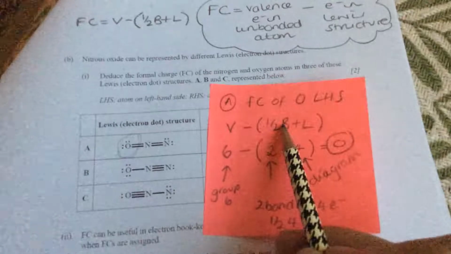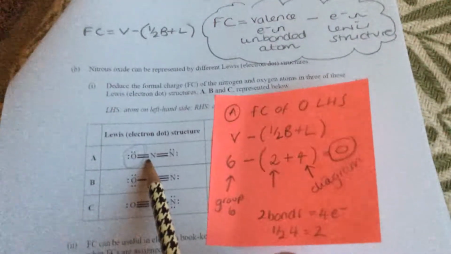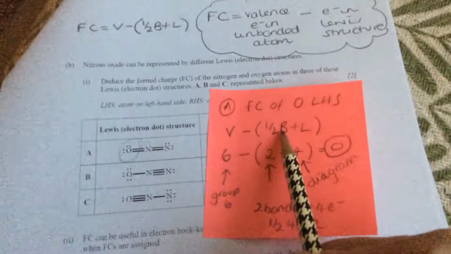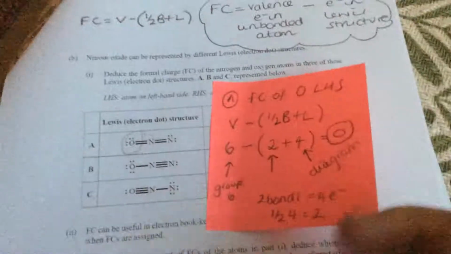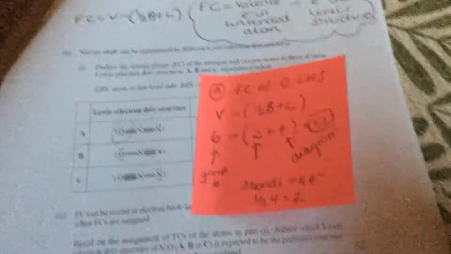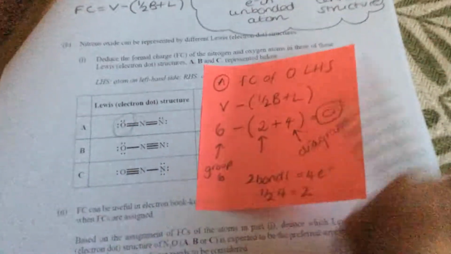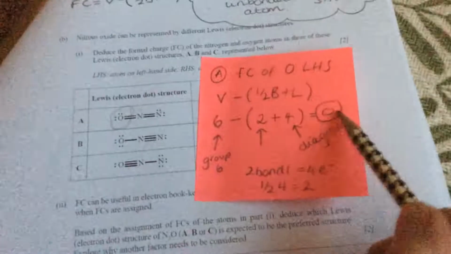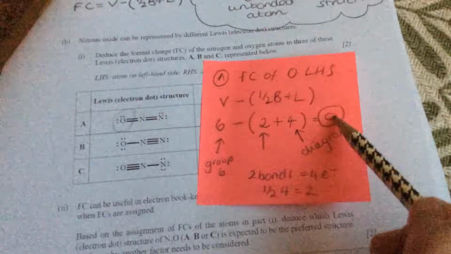So it's either half a B, half the bonding electrons, 1, 2, 3, 4, half of that is 2, or you can have your B bonds representing the number of bonds, 2. Either way it works, but don't get overly confused by mixing and matching the 2 terms. Okay, if we add that together, 6 minus 2 plus 4, I'm sure you can do that without a calculator, is equal to 0. So the formal charge there is going to be 0.